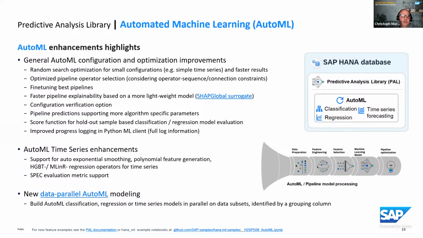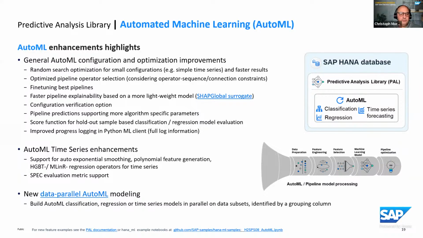We've had the evaluation function, which included the overhead of rerunning the cross-validation of scenario. And with the score function, you can basically apply the best pipeline model upon your holdout sample or test data set in one go without the additional overhead of, again, cross-validating the model.